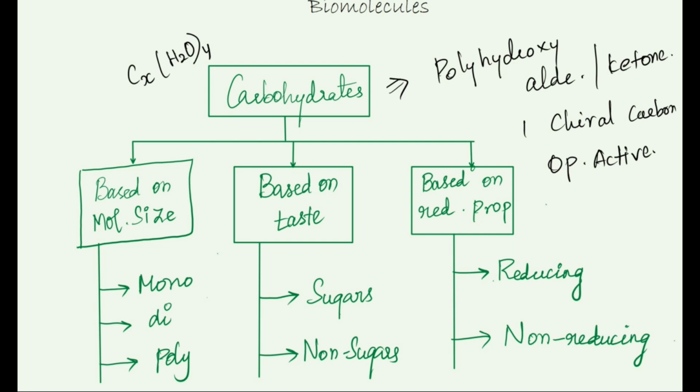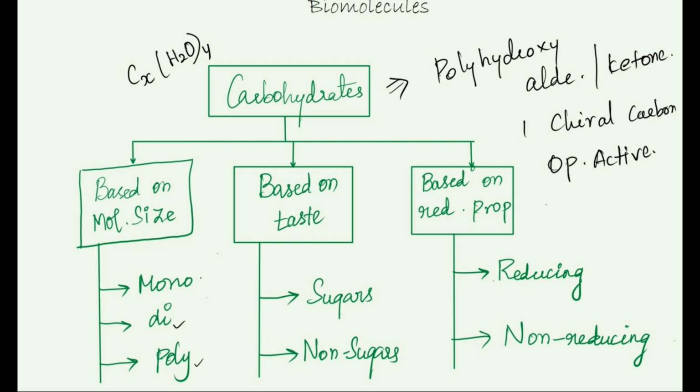Carbohydrates are classified based on 3 types. The first type is based on molecular size. Here, carbohydrates have 3 types, that is monosaccharides, disaccharides and polysaccharides. We are going to study this in detail in a while.